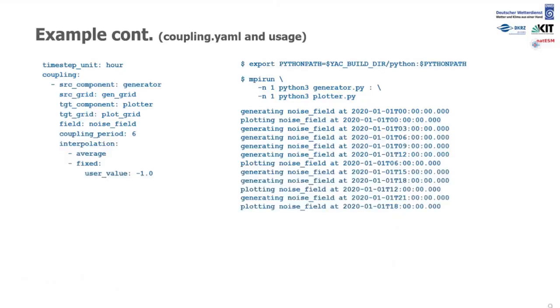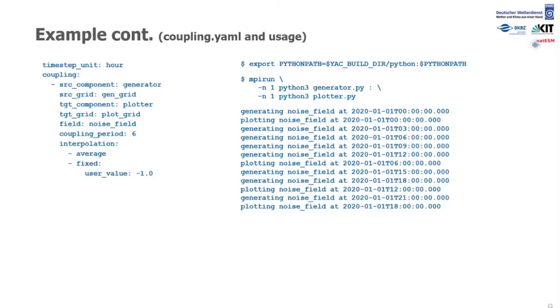Yeah, in the script you would have to adjust the field time step to something that's useful to you. So in this case, it would plot every 6 hours. You would have to adjust that to the time you want to generate pictures. And then here you would have to adjust the source component, for example, atmos and ICON atmos grid.